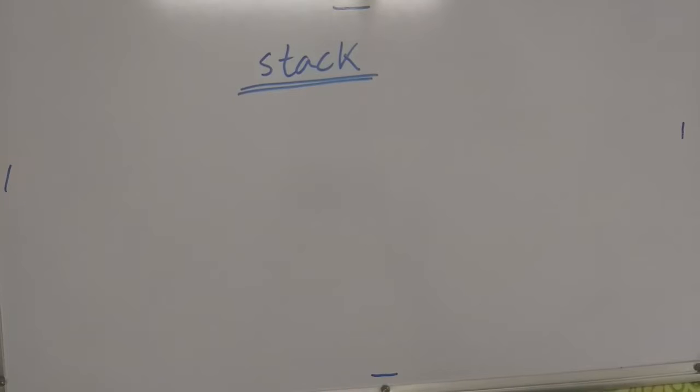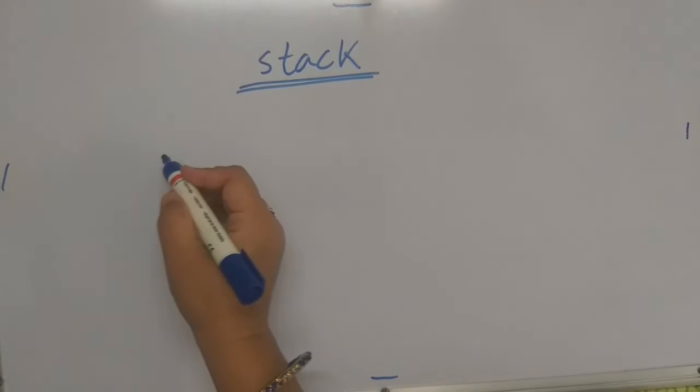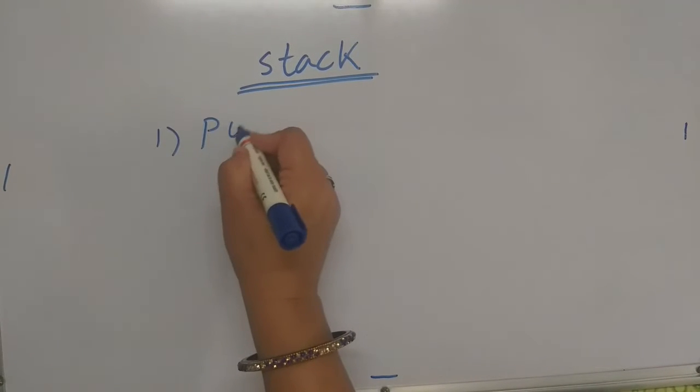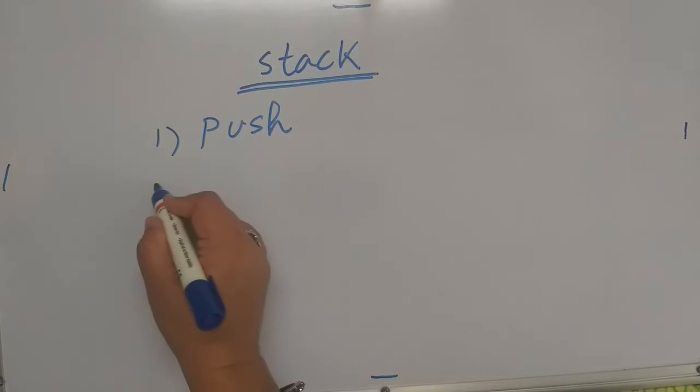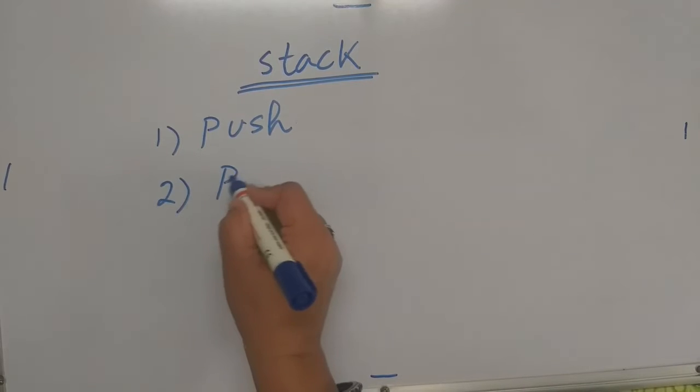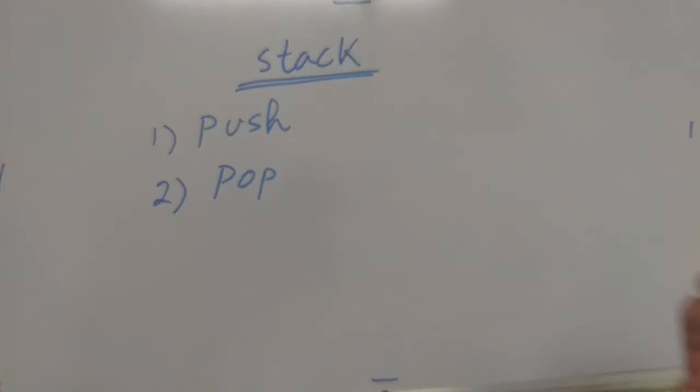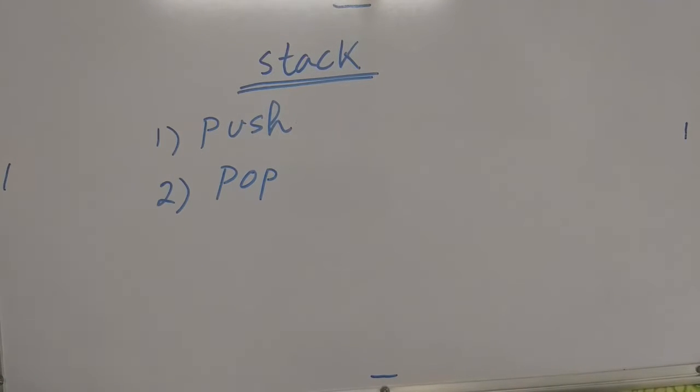The first operation is called push, and another operation is called pop. What is the difference between push and pop? What does it mean? Here I explain all these terms.